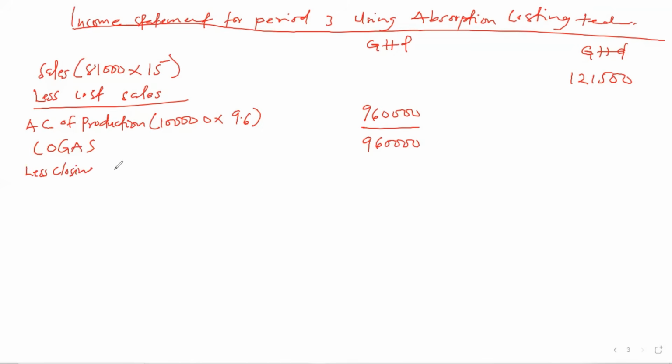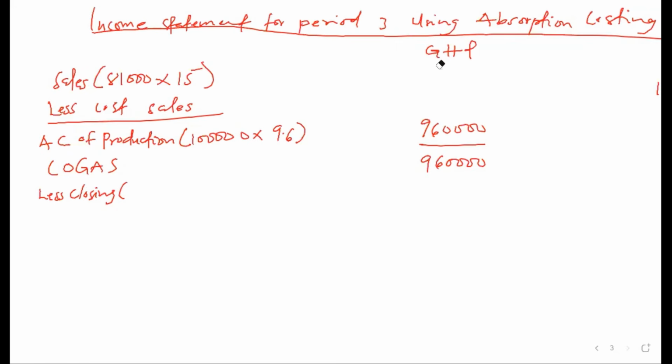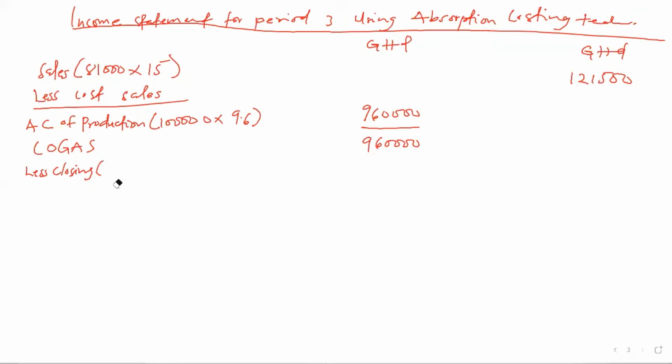stock. How do we get our closing stock? I hope you remember. We get our closing stock by lessing the sales units from the production units. That is how we get our closing units. So after getting your closing units, you multiply by the production cost per unit.